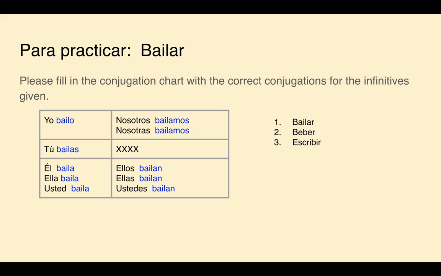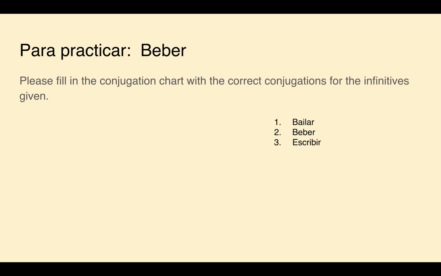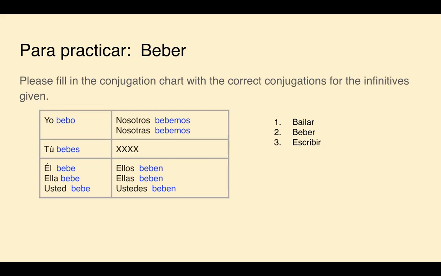You're going to do the same thing for the verb beber. Remember, this is an ER verb. So you're going to make your verb chart with your subject pronouns. You're going to write in the stem, and then you're going to put in the endings. Once you've done that, unpause the video. So your work should be done, and you should have a chart that looks like this.